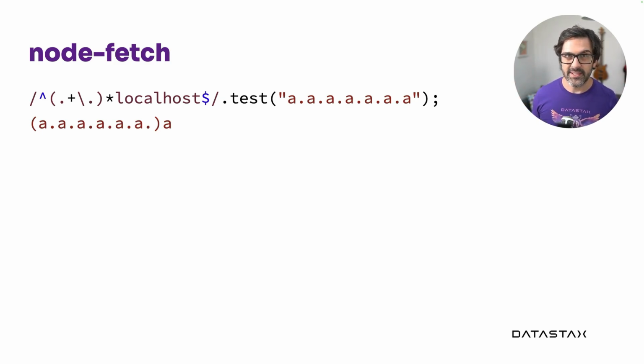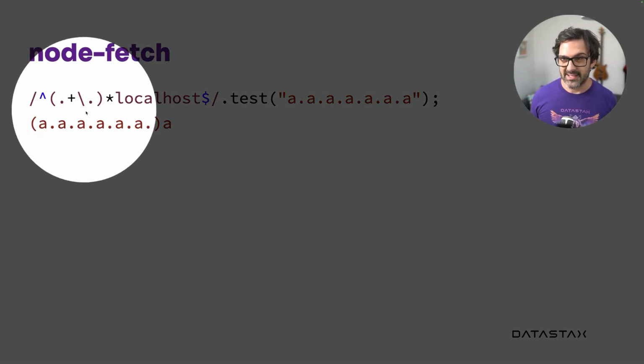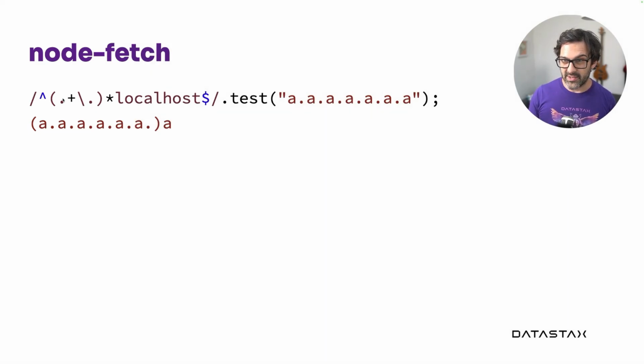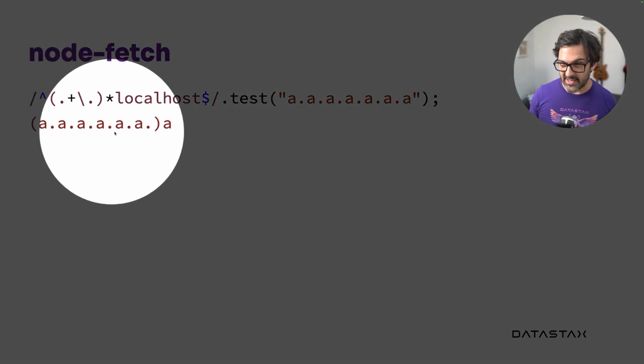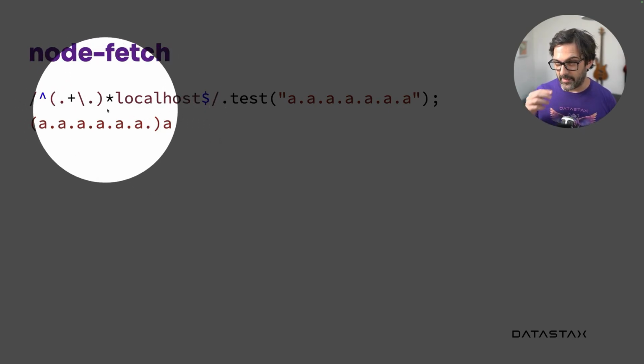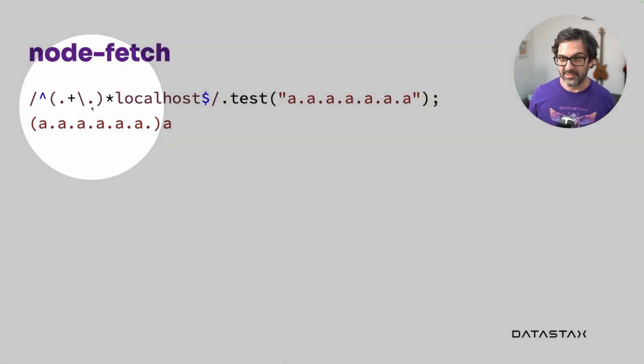All of the a dots fit into this pattern dot plus slash dot, because this dot plus actually matches the period, the dot character, as well as everything else. And so that dot plus is matching all of these a dots all the way up to the end. And then we finally match this dot character as the actual slash dot.